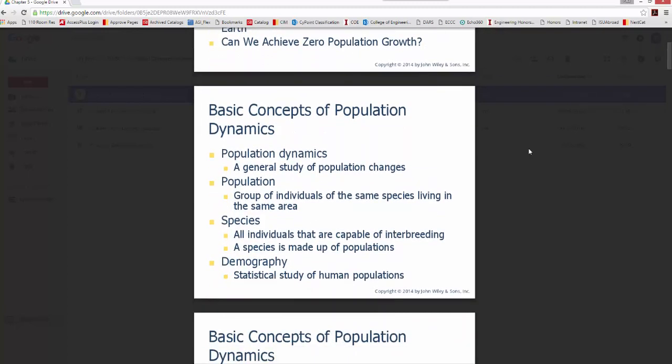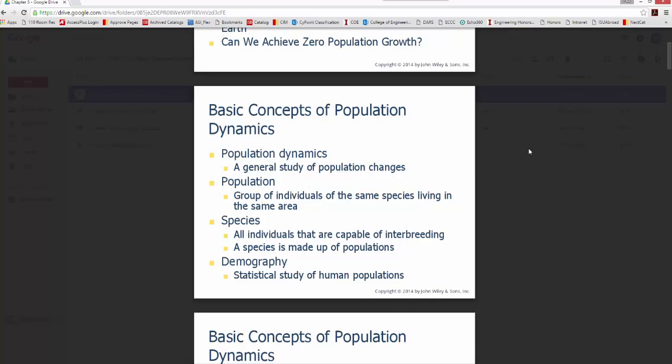So, some of the concepts of population dynamics, or terminology, that you need to be familiar with as we step through this chapter. When we talk about population dynamics, I mentioned that earlier, it's basically studying how population changes over time. Population itself, we will define as a group of individuals of the same species.